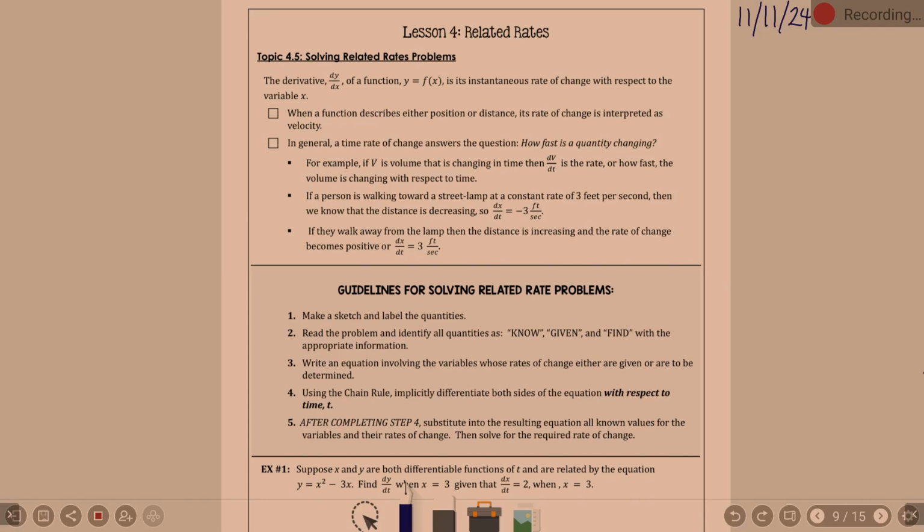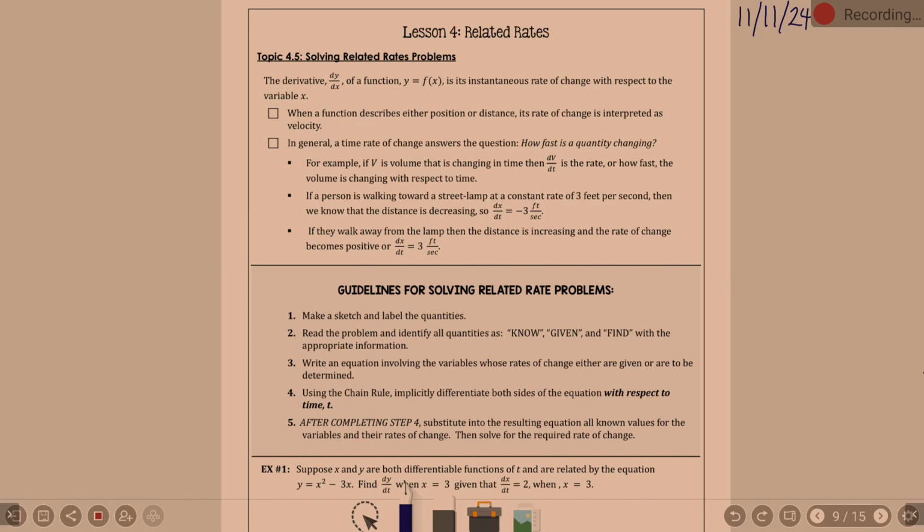So anytime we talk motion here, we start talking velocity. In general, a time rate of change answers the question, how fast is a quantity changing? For example, if it is volume that is changing in time, then dV/dt is the rate, or how fast is the volume changing with respect to time? Those are the types of questions that will be asked: how fast is something changing?